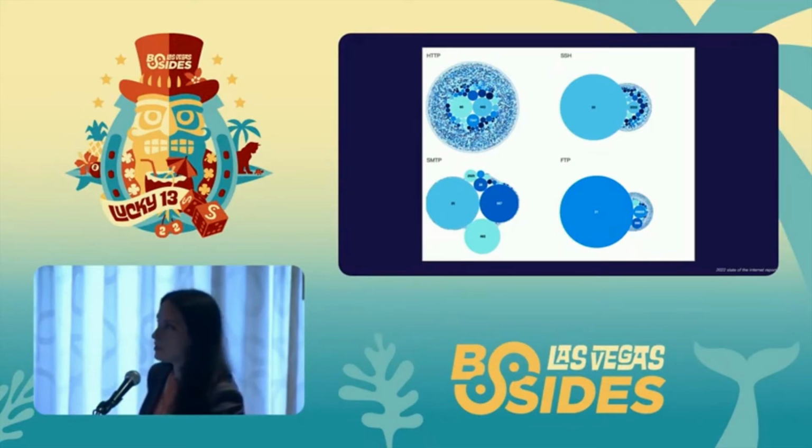You can see 2222, much smaller but still larger than a lot of these others. So it's the proportion of services running on a given port. I said I hesitated to show this, but when I was doing this first pass analysis, this visual really helped me initially understand the way some of these top services are distributed on the internet.